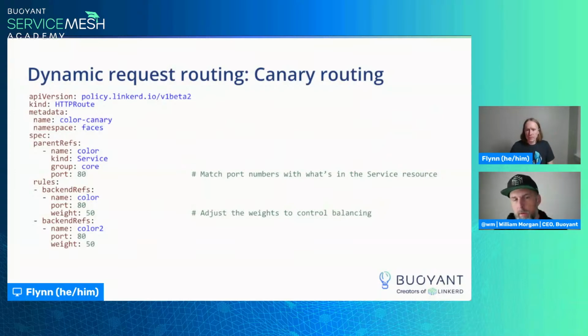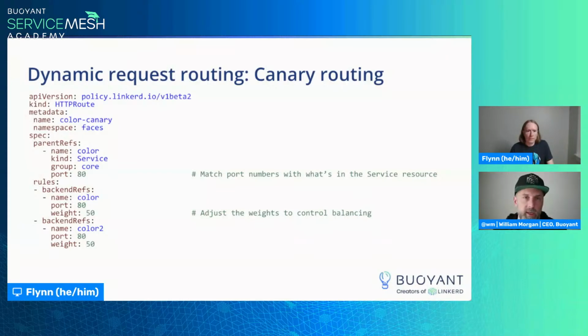Sure. But the behavior that gets modified by this is not the behavior of the pods on the smiley service, but is instead the behavior of the pods that are calling the color service, right? So this is a client-side policy. Even though we're defining this on the server side, and talking about it as if it were a property of the color service, the actual behavior is only modified on the clients that call this thing.